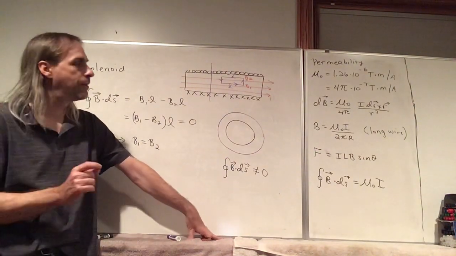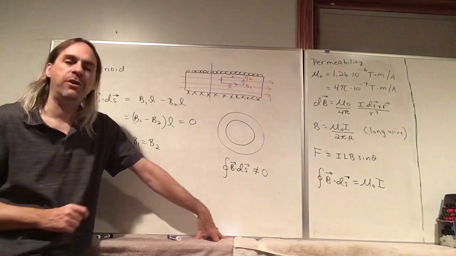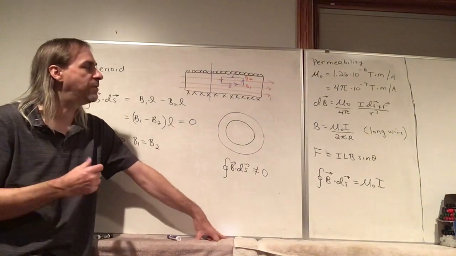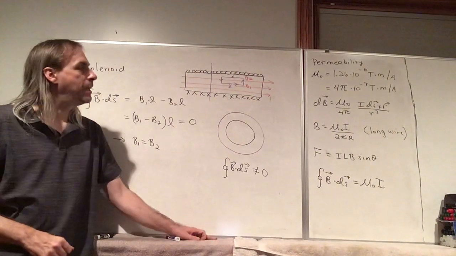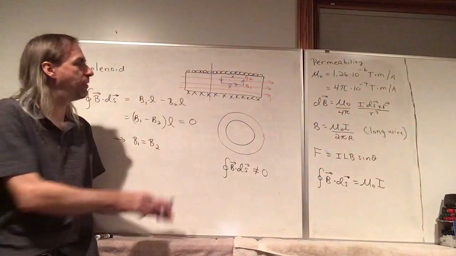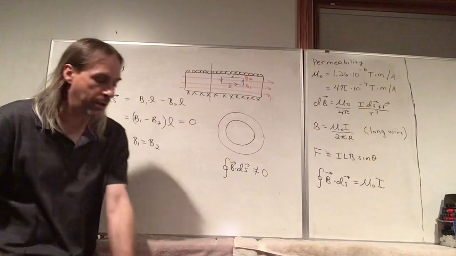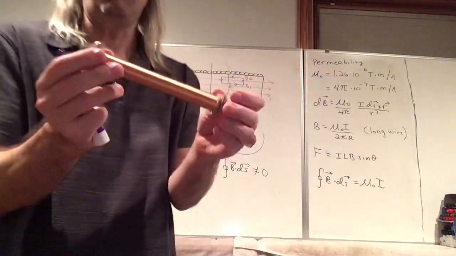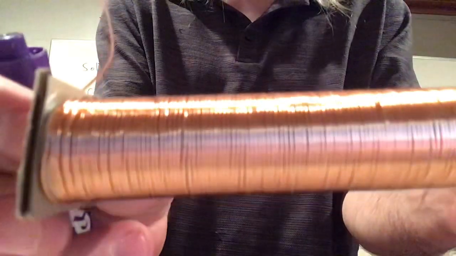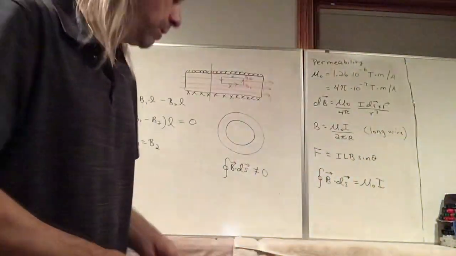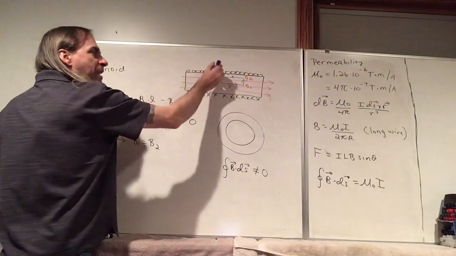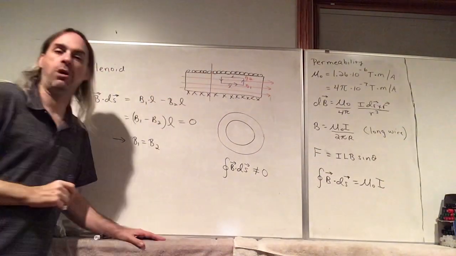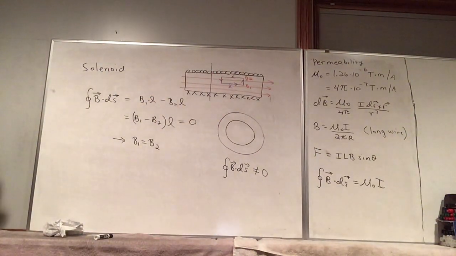However, the magnetic field outside the solenoid is very weak compared to what is inside it. Because the current is mostly going, you can see these wires here, I don't know how well you can see them, but they're very closely packed together. And so the current is mostly going this way. A very tiny component is actually crossing that surface.